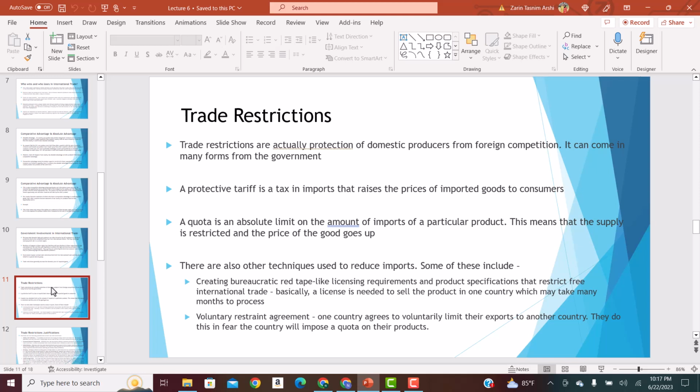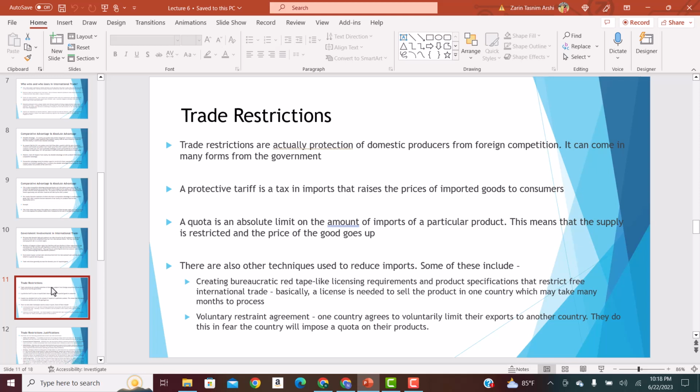Another type of trade restriction is called the quota. Quota is basically an absolute limit on the amount of imports of a particular product from a particular country. So let's say the government imposes a quota on coffee of 100 boxes of coffee from England. Okay, so what does that mean?